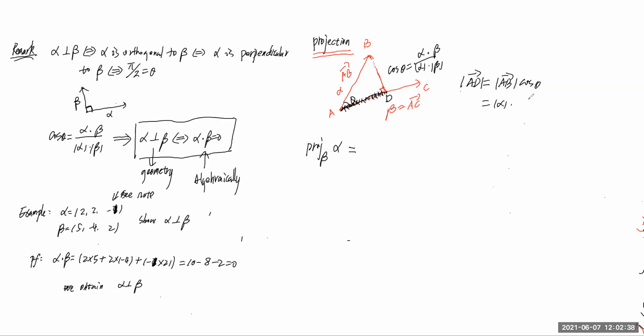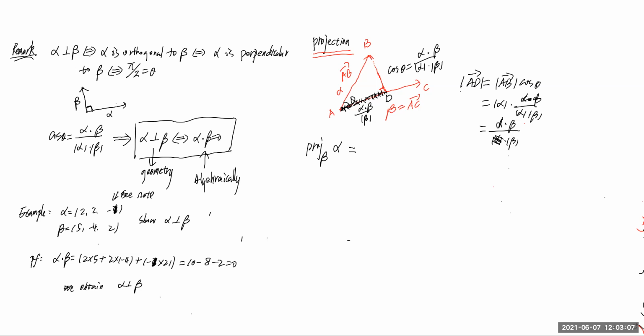This is alpha multiplied by alpha beta like this. So the length of this part is alpha dot beta over beta. Right, this is the length, but we need a vector.